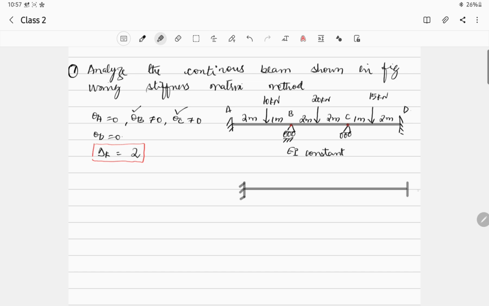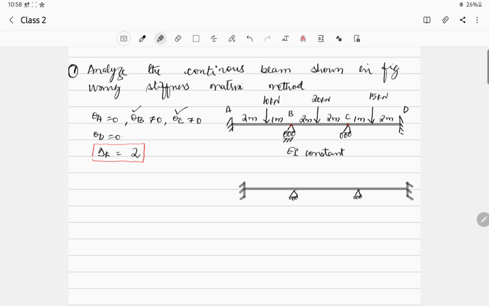This is fixed, this is also fixed, totally at these two locations. But at theta B, at this location and this location, at these two locations, my beam is supported with a roller support.